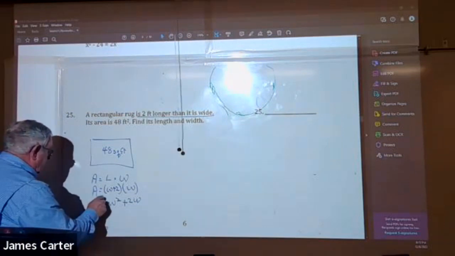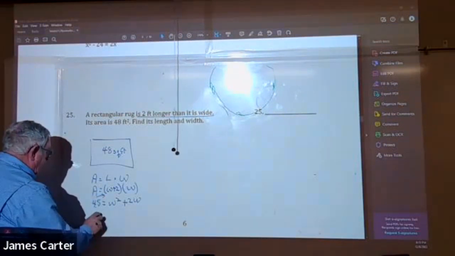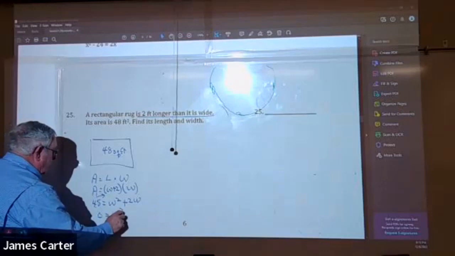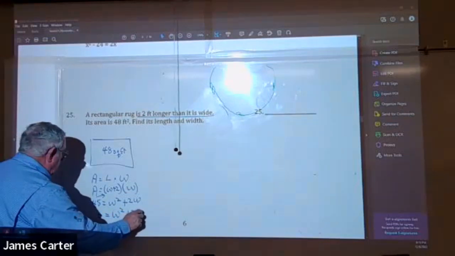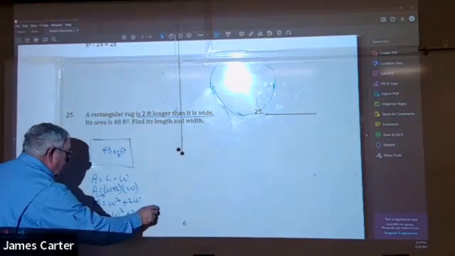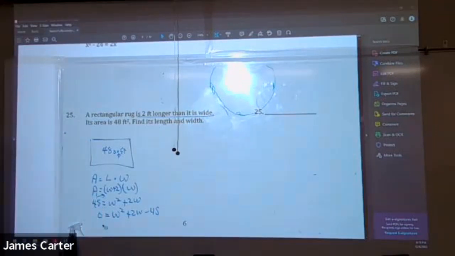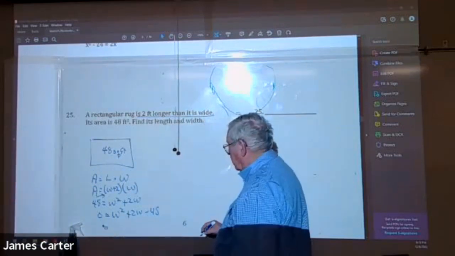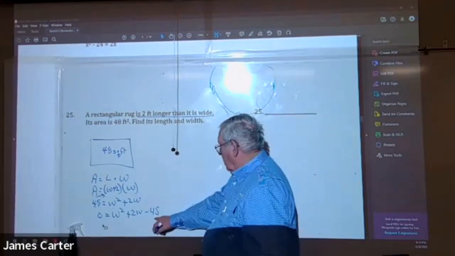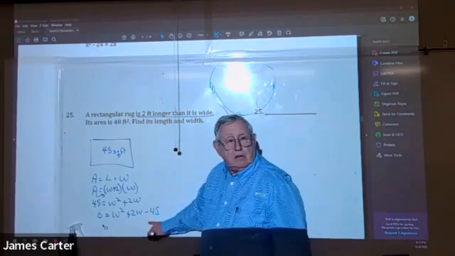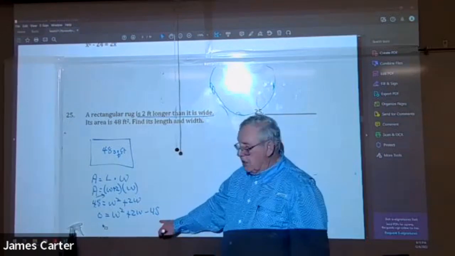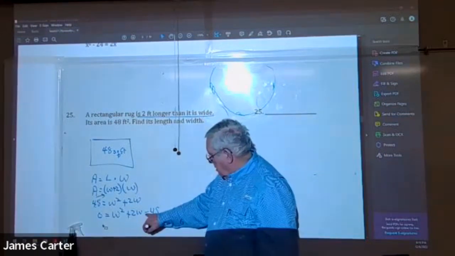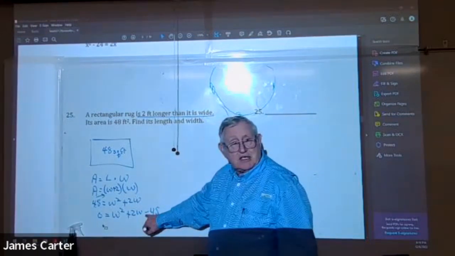So let's take this 48 over to the other side and get 0 equals W squared plus 2W minus 48. There's an equation we can factor. So 8 and 6, right? 6 times 8 makes 48. 8 minus 6 is 2.